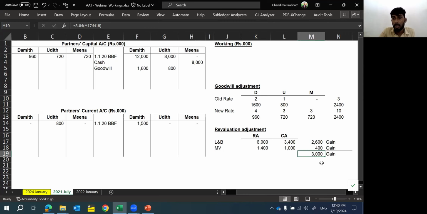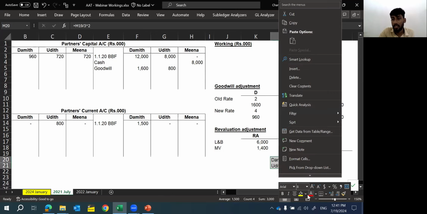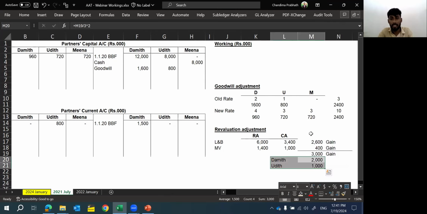Based on the old rate, DU, how to split between Damit and Udit? 3,000 divided by 3 into 2 for Damit, and 3,000 divided by 3 into 1 for Udit. That is how we need to record.